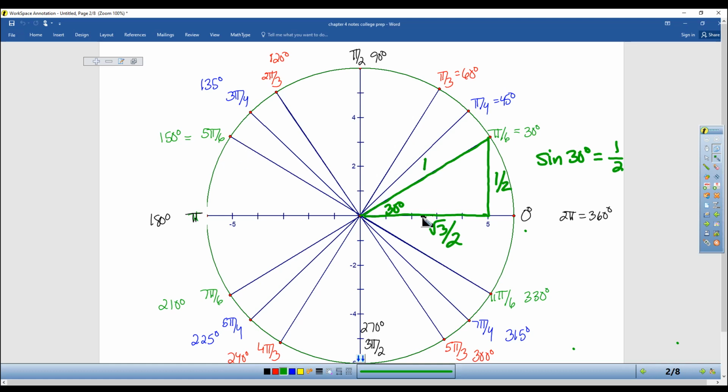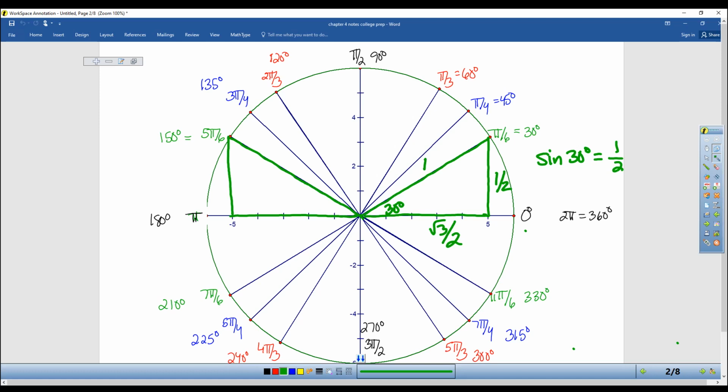Now watch this. Let's say I go all the way over to 150 degrees, or 5 pi 6. When you draw the triangle, even though technically 5 pi 6 is this angle right there, when we're doing a trig function, we always go down to the x-axis. That's the triangle you're looking at. So if you're at 150 or 5 pi 6, you're looking at this triangle. Well, look at these two triangles.